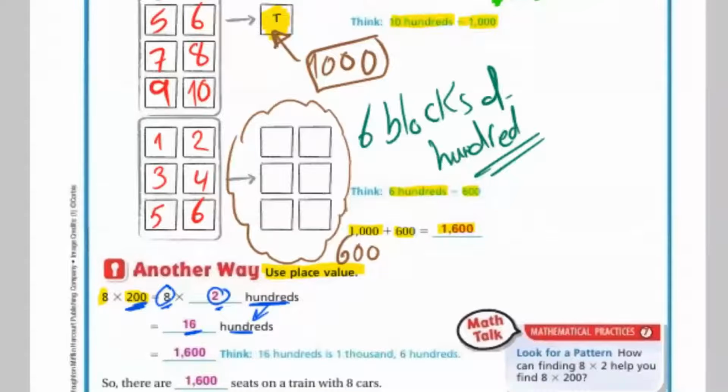And of course 1600 equals what? As we learned before, if you see 100, cancel it out and put 2 zeros. So our answer is 1600. So we can say there are 1600 seats on a train with 8 cars. Okay guys, let's move to the next page.